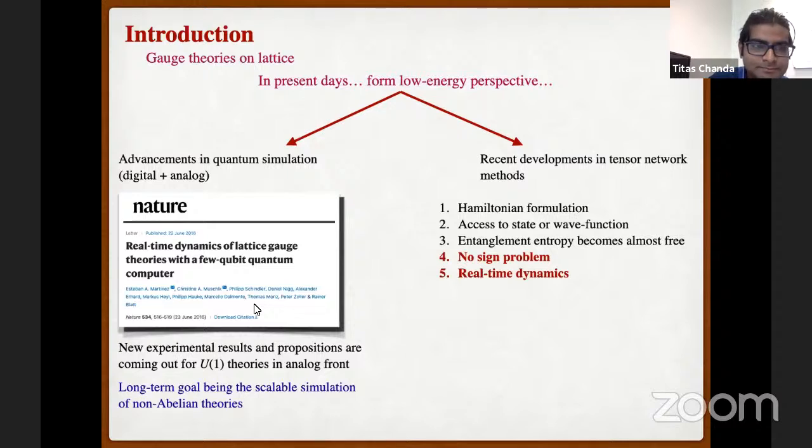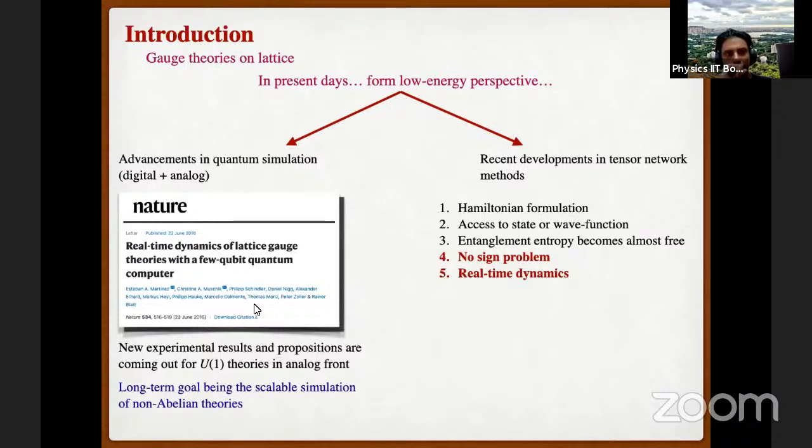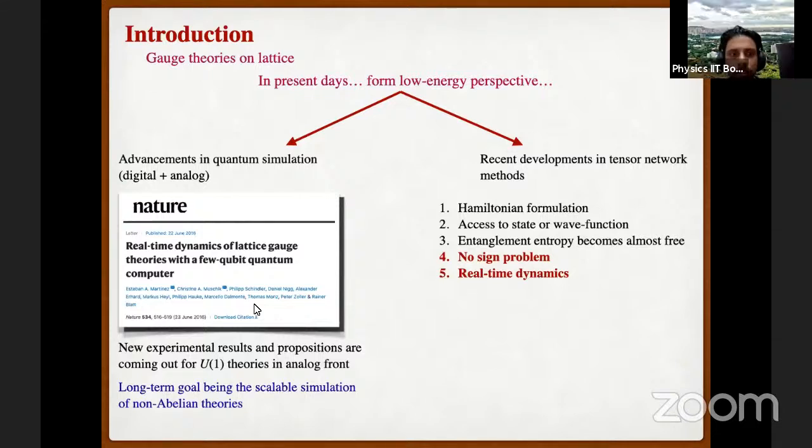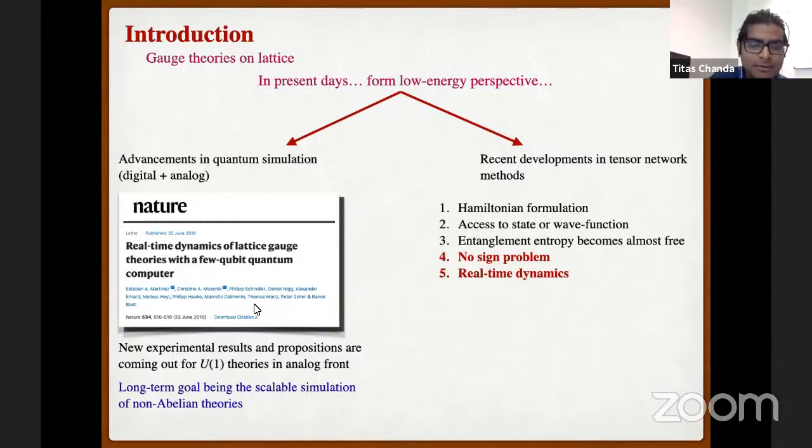You can simulate the unitaries and operators in a quantum circuit, and you can measure the local expectation values of particle numbers. So that will tell you the vacuum polarization in a time evolution. Hopefully that answers Vikram's question. Maybe when I continue with my results, I can also talk about that.